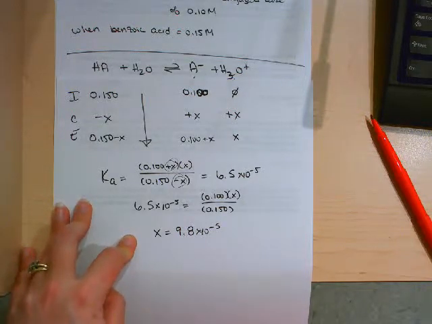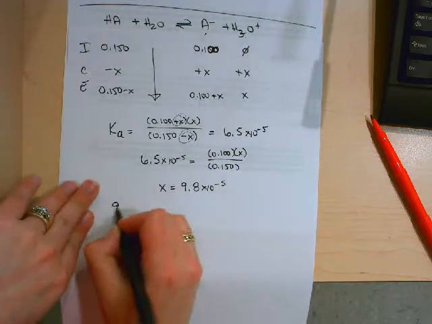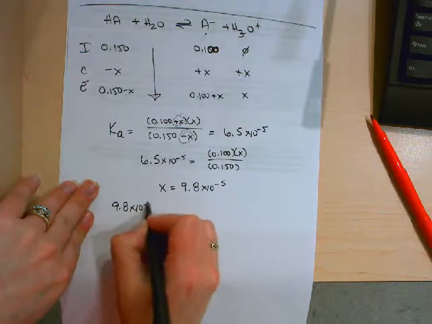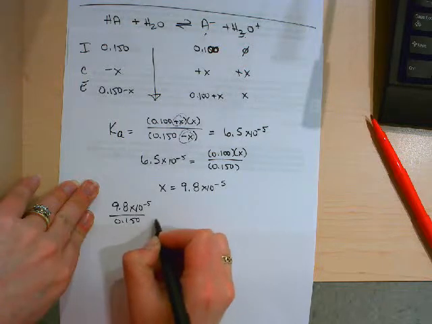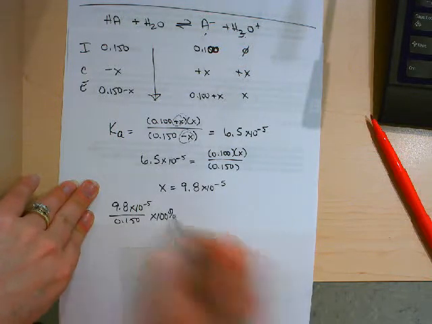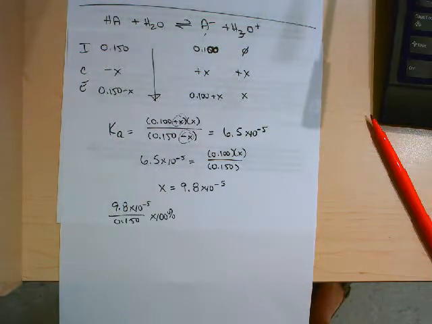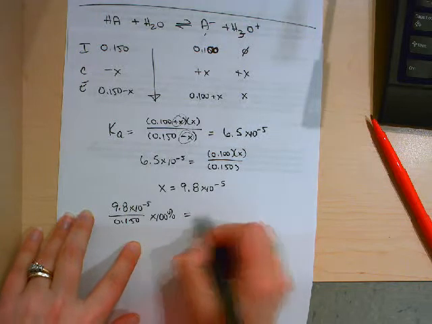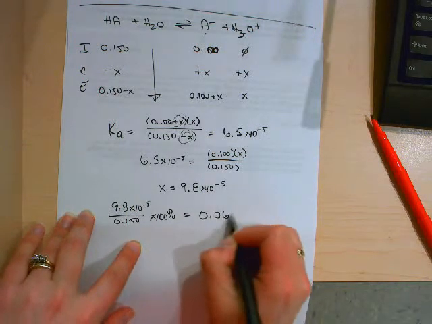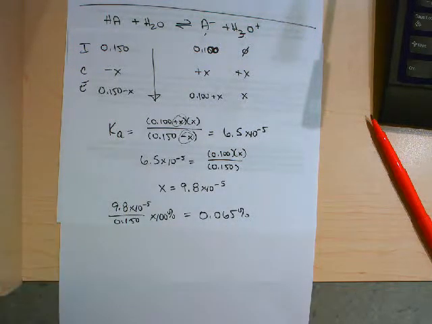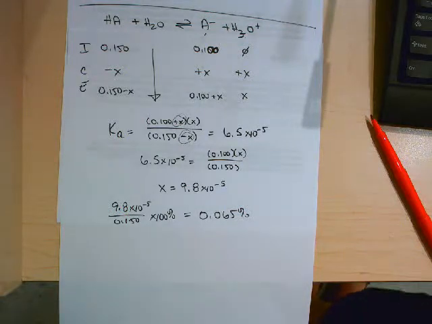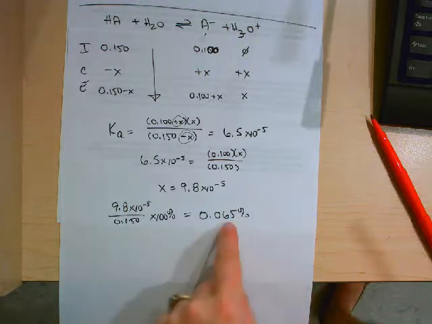Compare it to the reactant. Alright, so in this case, the percent ionization is 0.065.